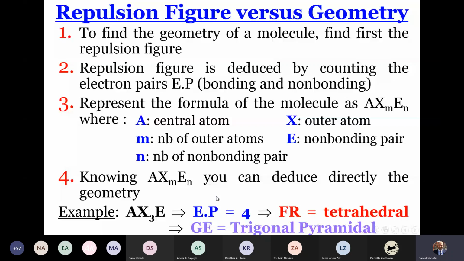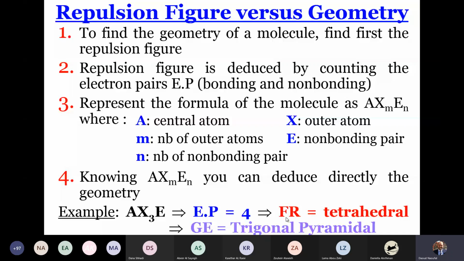Suppose an example, before explaining the other geometries. Suppose you have a form AX3E. That means EP around the central atom is equal to 4. We have 3 bonding pairs and 1 non-bonding pair. So EP around A is equal to 4 in this case. And for EP equal 4, the figure of repulsion is tetrahedral. So we draw 4 lobes.